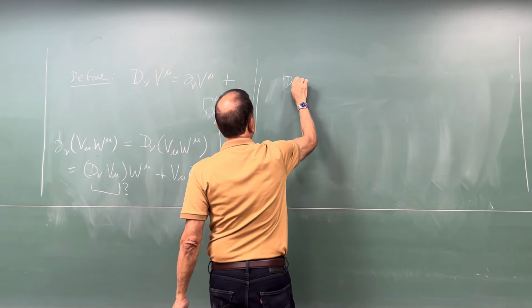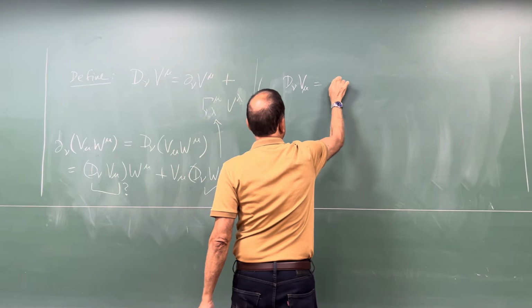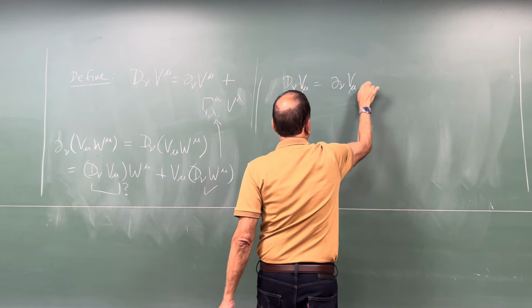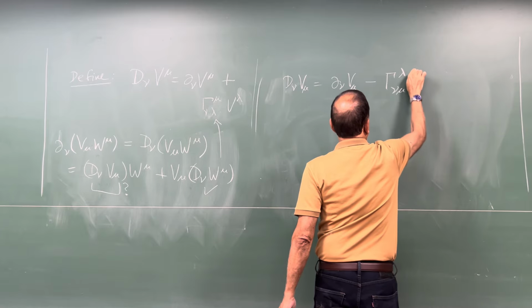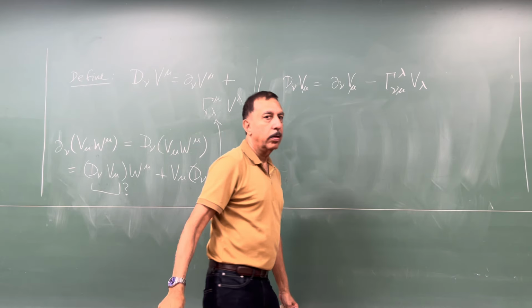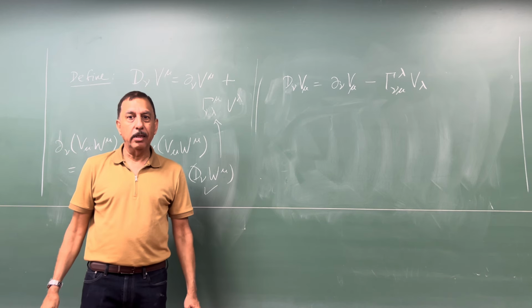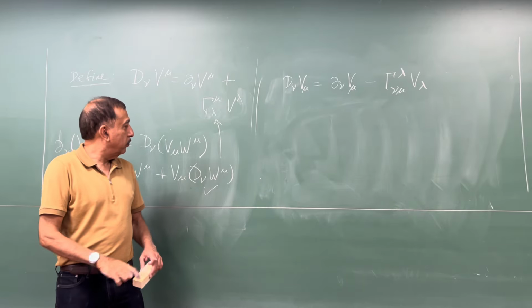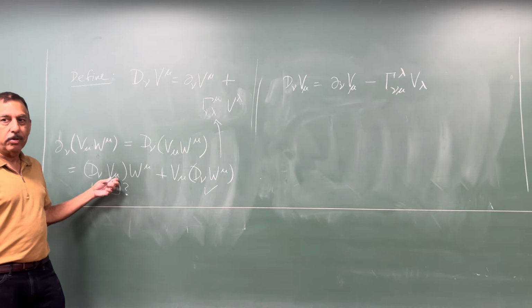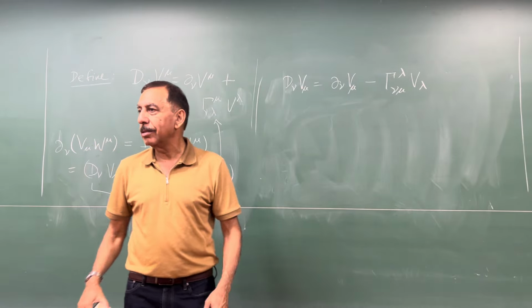D nu of v mu is, of course, the ordinary derivative always, minus gamma mu lambda v lambda. This time there's a minus, and the index contraction goes differently because v was a covariant vector. What I'm trying to differentiate had a lower index.